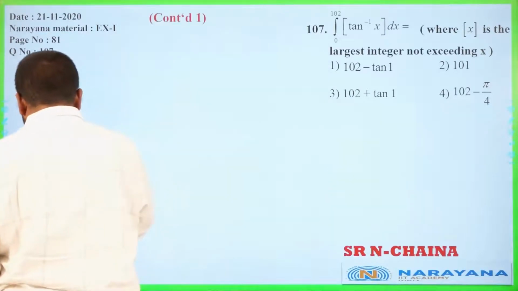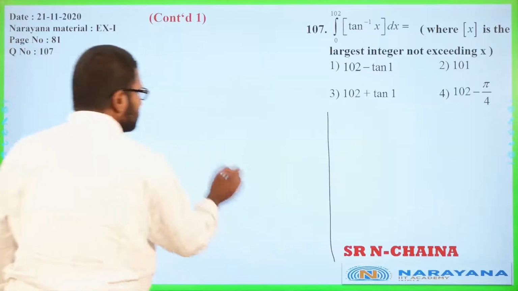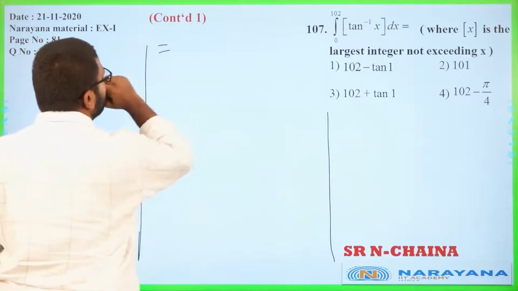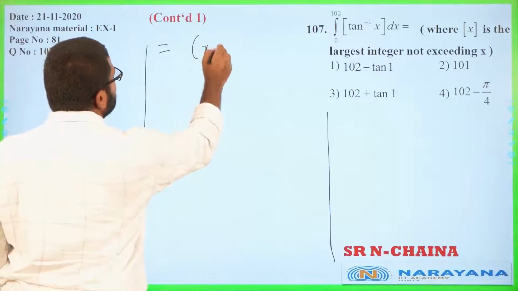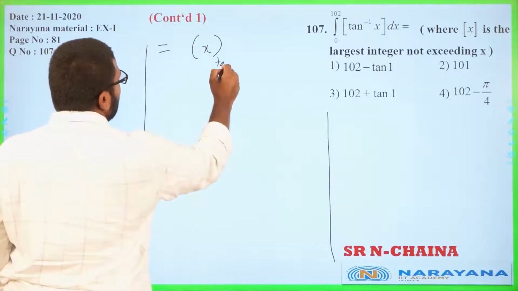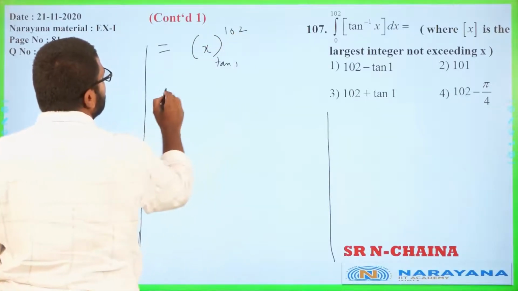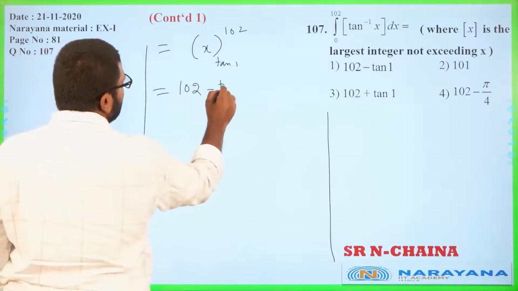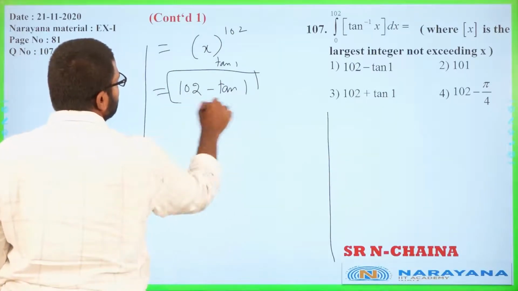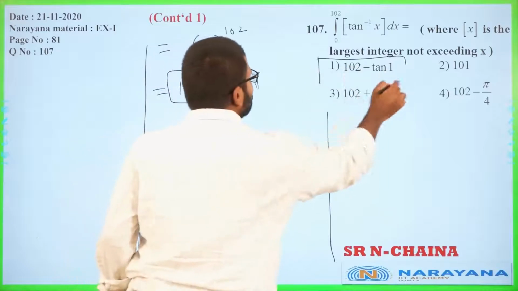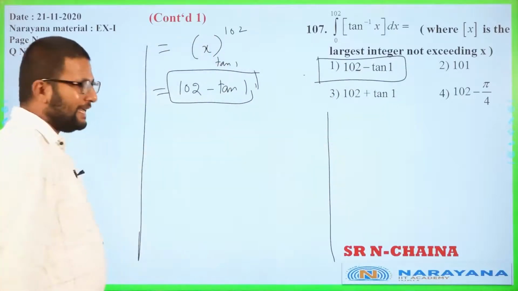So this is basically x from tan 1 to 102. Then it becomes 102 minus tan 1. 102 minus tan 1. Right?